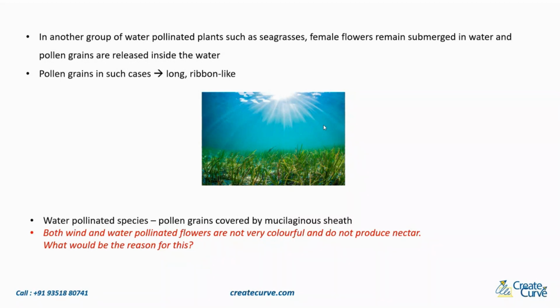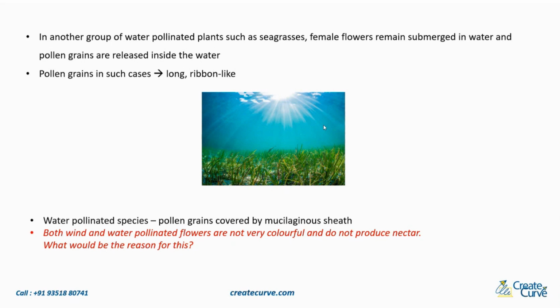Yes. So the main reason they are not colorful is that definitely there are no insects in water. So eventually they don't have to attract the insects, right? They don't have to call out to the insects. If you have colorful, bright, pigmented flowers having a lot of nectar, the insects get attracted to such flowers and they come and sit on them.